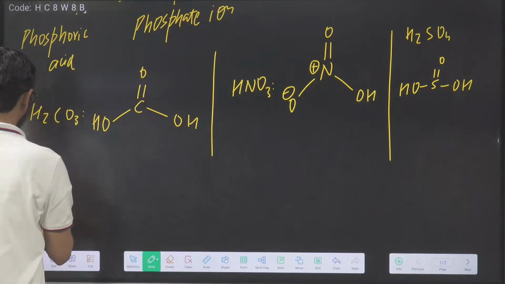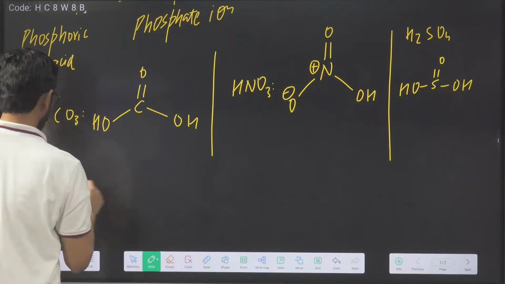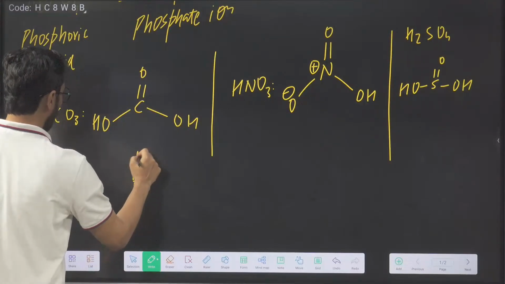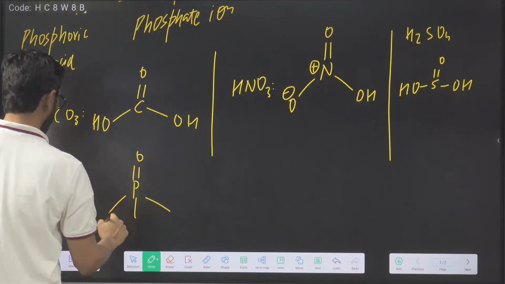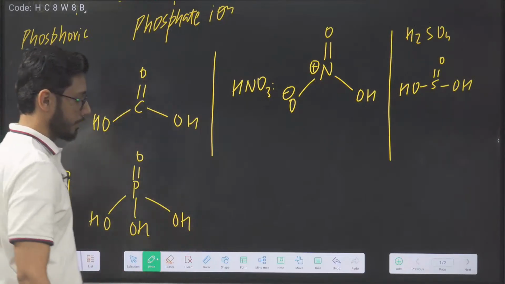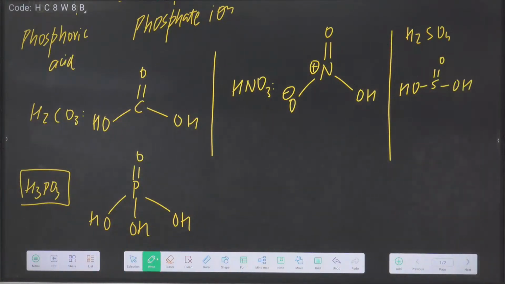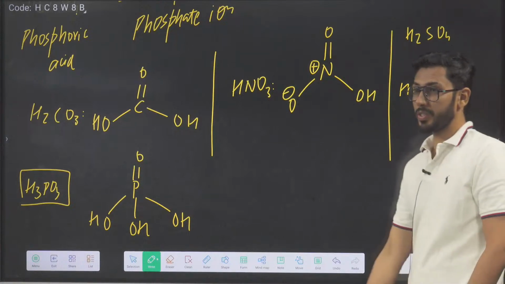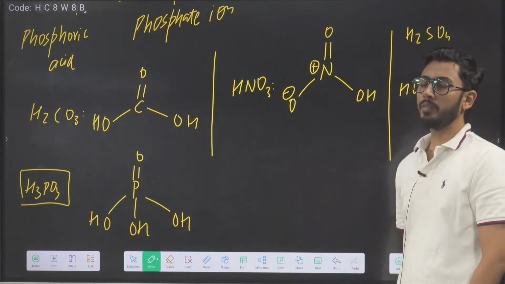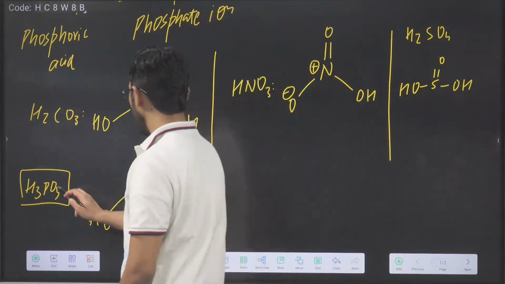In H3PO4, and all oxy acids of phosphorus, one P double bond O is fixed, and the remaining will be 3 OH.